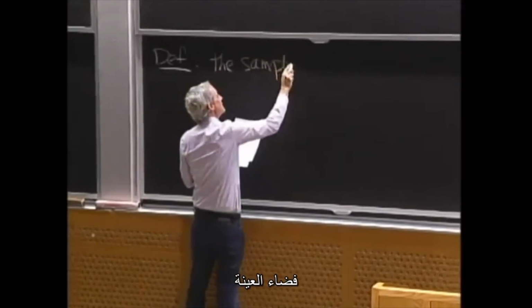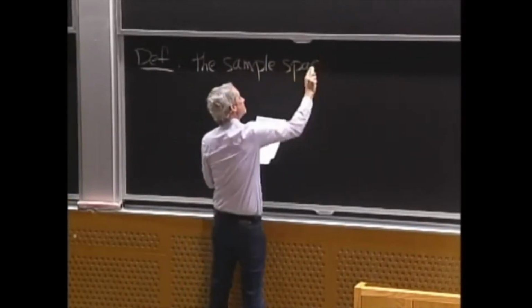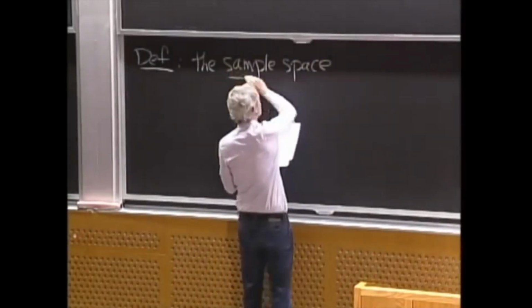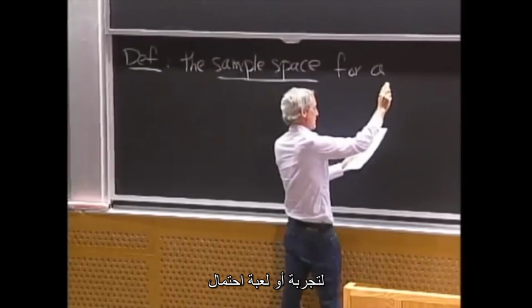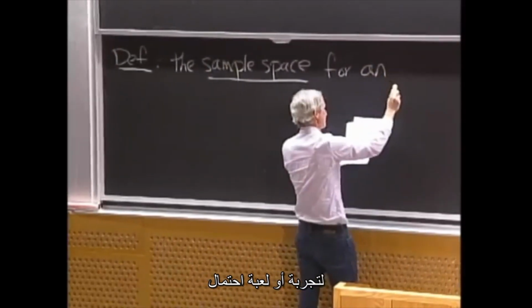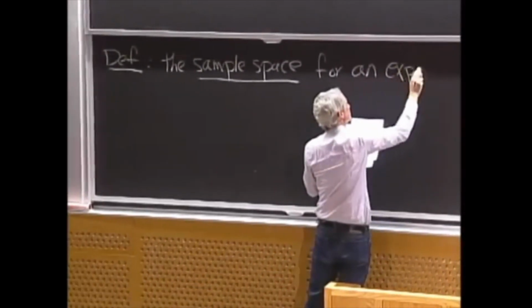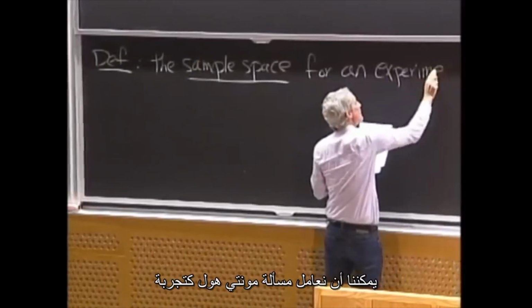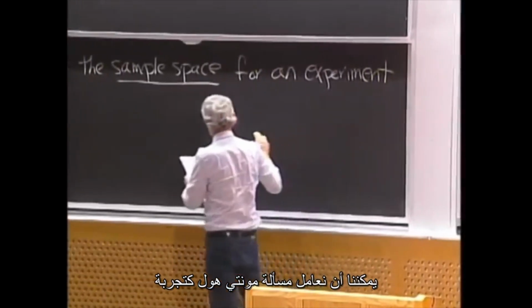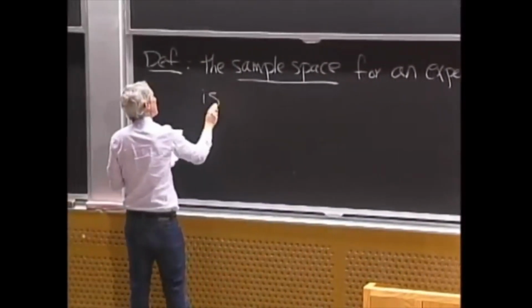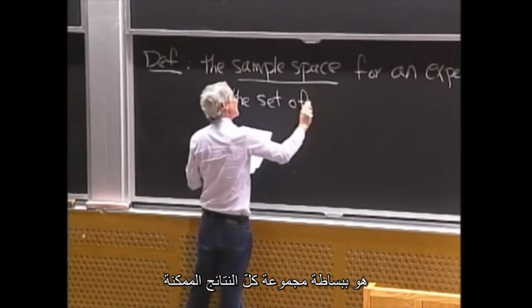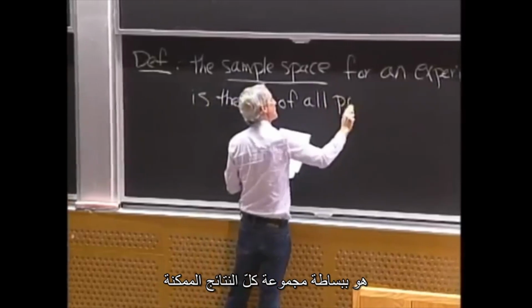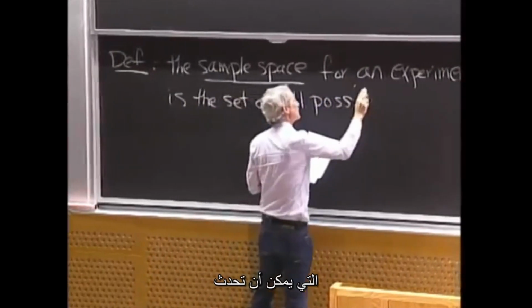The sample space for an experiment or probability game, you can treat this Monty Hall game as an experiment, is simply the set of all possible outcomes, things that could happen.